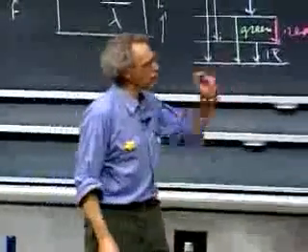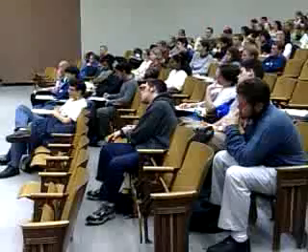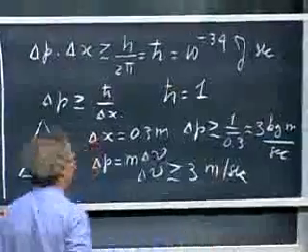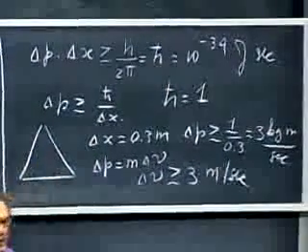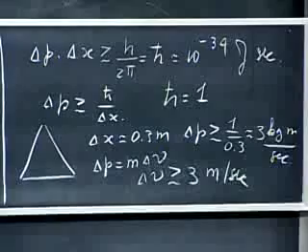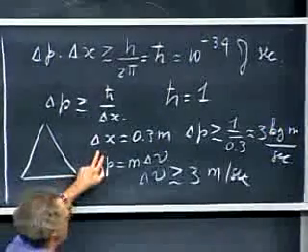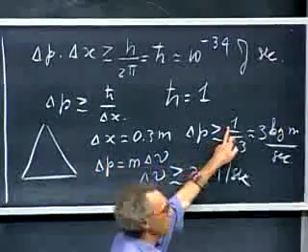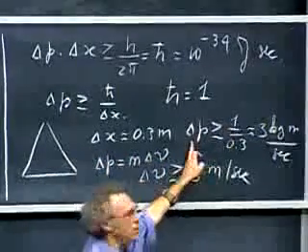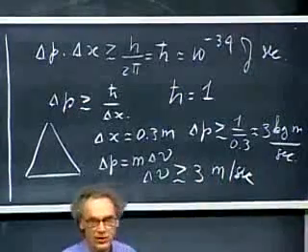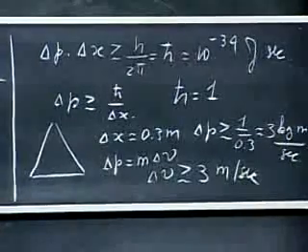So let's now return to the real world, where h bar is not 1, but 10 to the minus 34. And let's now put a billiard ball inside this triangle. Now, delta x is the same, but since h bar is 10 to the minus 34, delta p is, of course, 10 to the 34 times smaller, and so the velocity is 10 to the 34 times smaller.